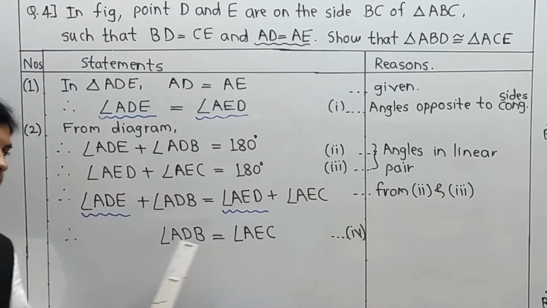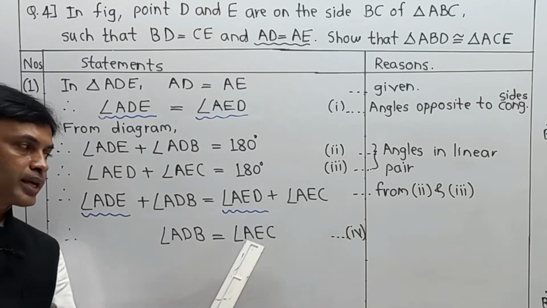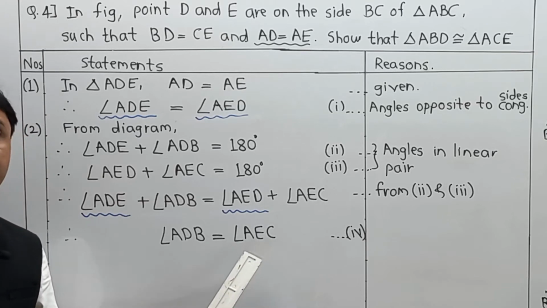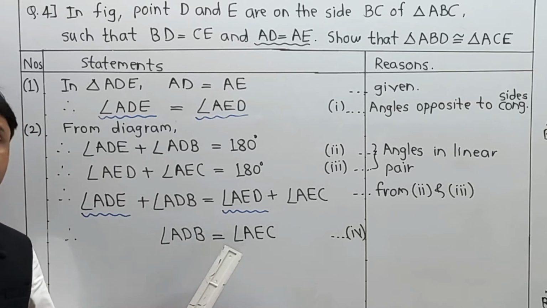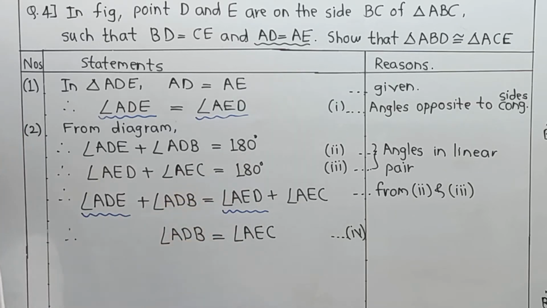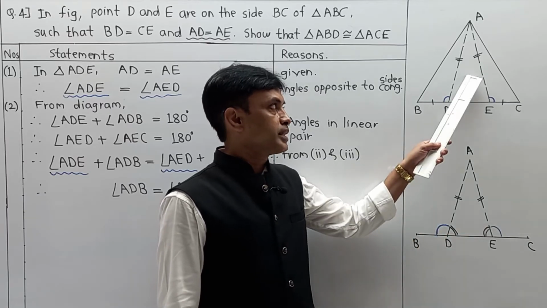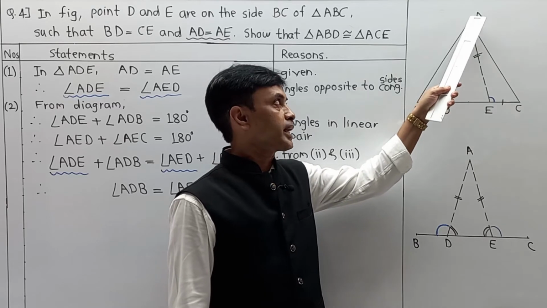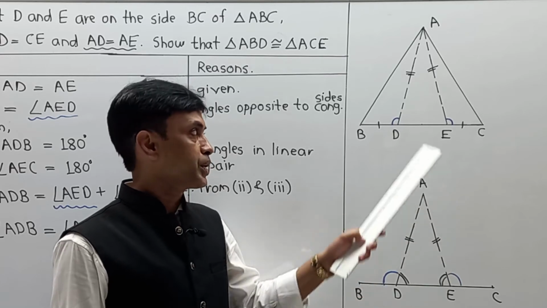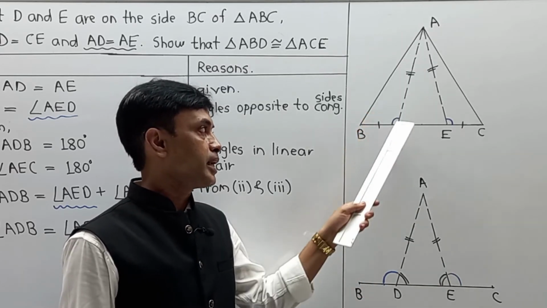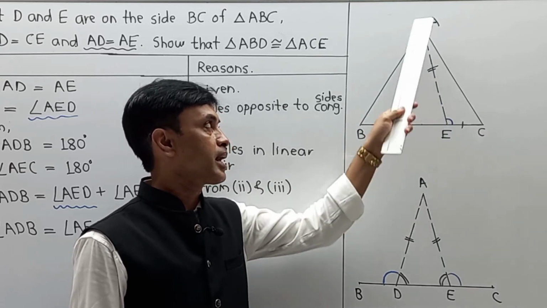Now we have done this part, that angle ADB is equal to angle AEC, and now we are using that for the last part, part 3. How? Please pay attention. Again I am going to explain part 3 from the diagram point of view so everyone can understand. Now in this part, we are able to prove that angle ADB is equal to angle AEC. Over here, triangles ADB and AEC.